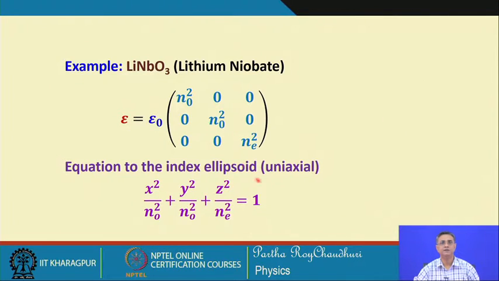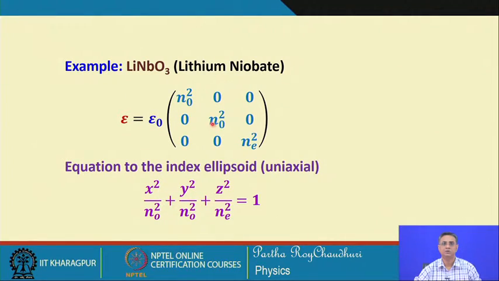So, now we will consider the example of lithium niobate, which turns out to be a very useful optical crystal, and it has manifold applications. For lithium niobate, which is naturally a uniaxial crystal, you have the permittivity tensor in the principal axis system like this, that is n0, n0 and ne.